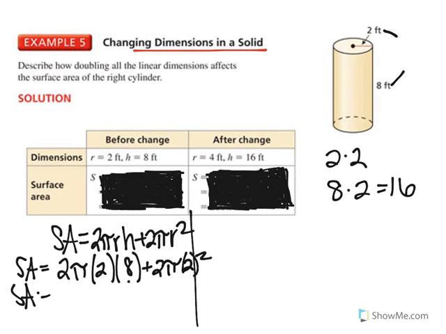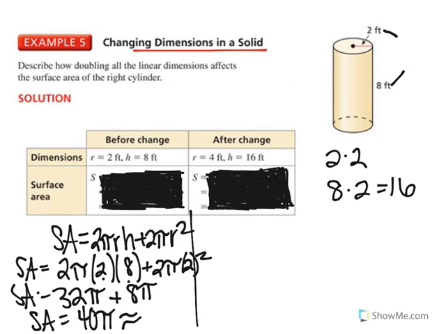So 2 times 8 is 16 times 2 is 32 pi, plus 2 squared is 4 times 2 is 8. So our surface area is actually 40 pi, or about 125.6.